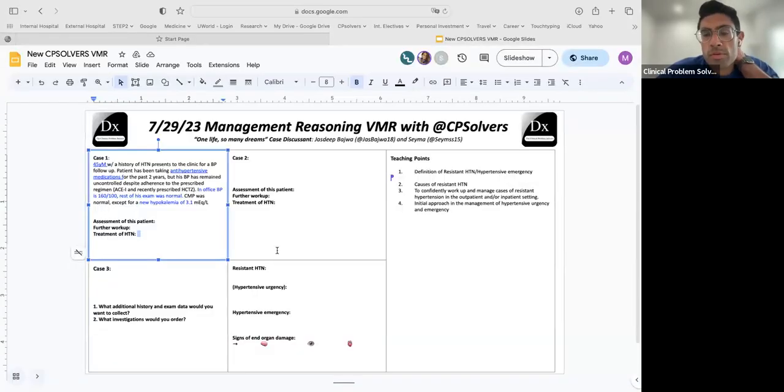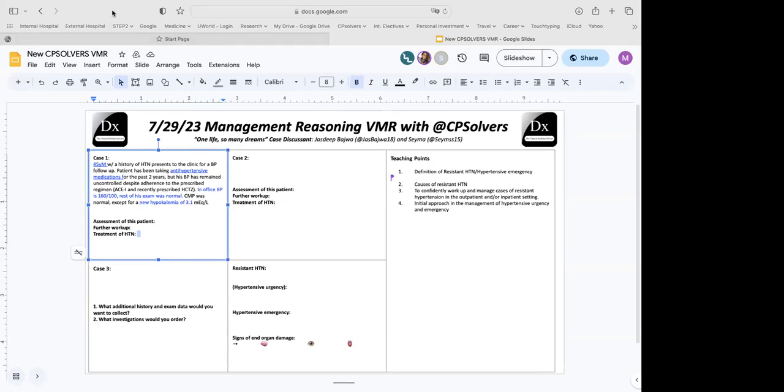So group 3, I believe there's one with Mohammed, Hutang, and Yusuf. If you want to comment on further workup, what would you do if you were seeing this patient in front of you in clinic? Hello, I could go ahead.